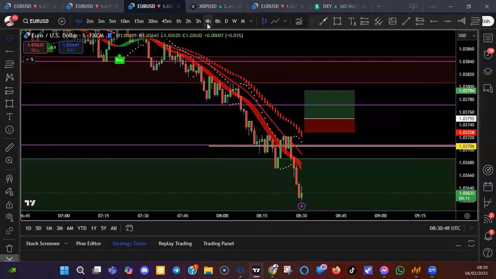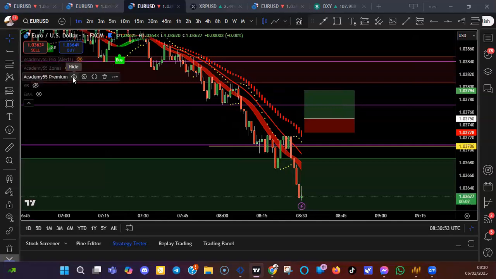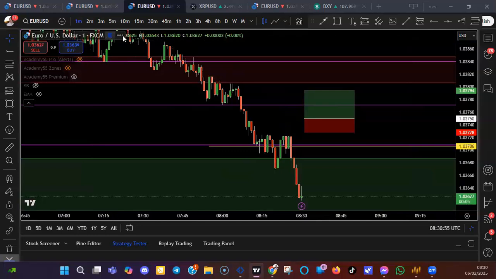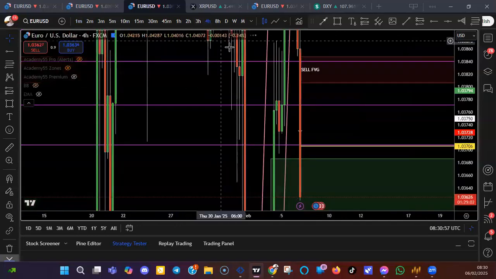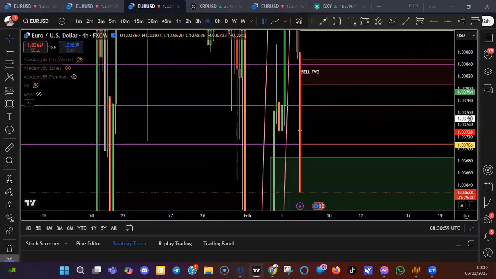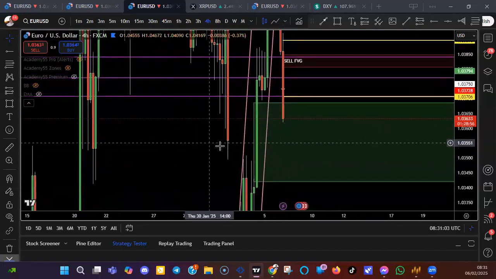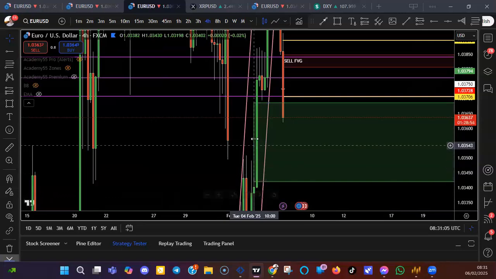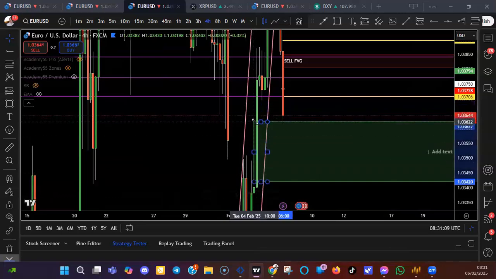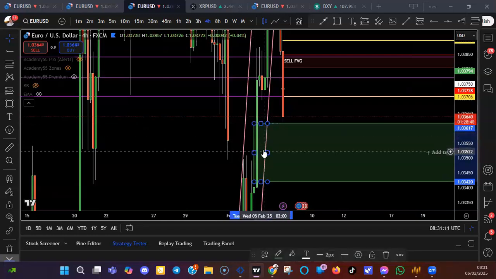But let's just go on the 4 hourly time frame. See this big imbalance here has been swayed in. So that has already gone. So this is the new imbalance bit down here.